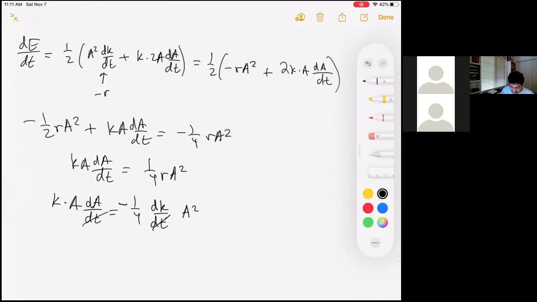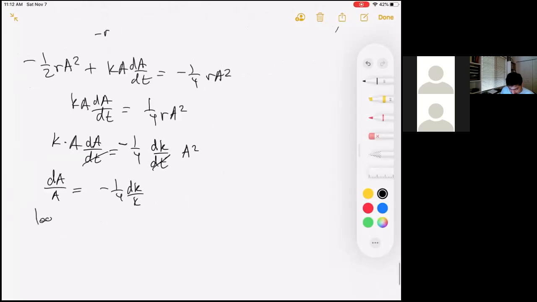And what this now tells us is that dA over A is equal to negative 1/4 dk over k. And if we integrate this, log A is equal to negative 1/4 log k plus a constant. So this tells us that A times k to the 1/4 is equal to a constant.